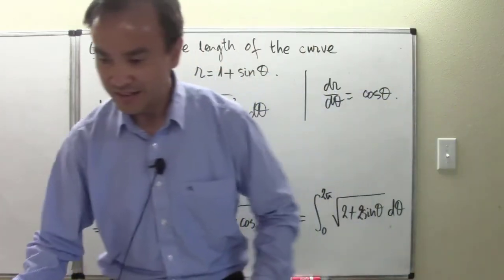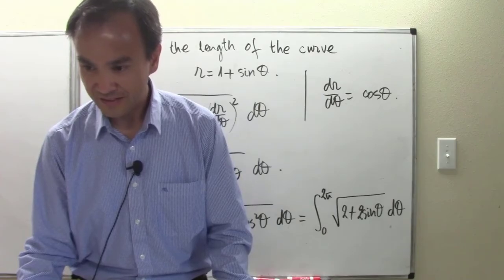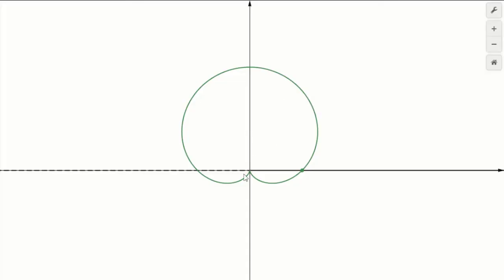So back on the picture, we notice that the curve for 1 plus sine theta itself is quite symmetric.